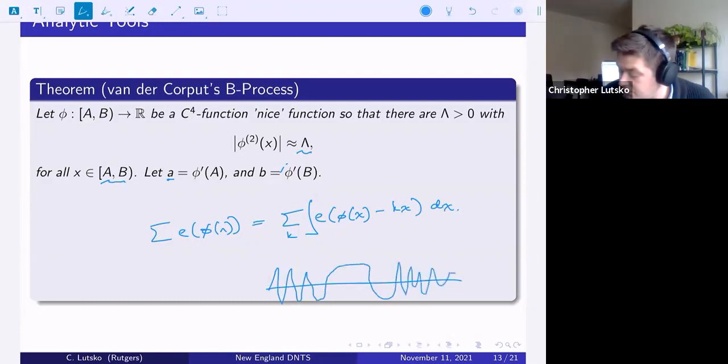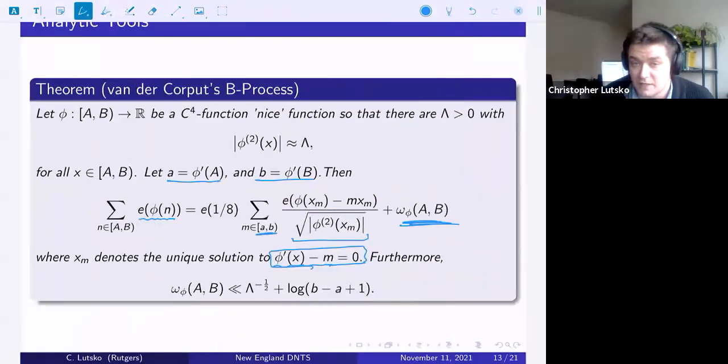And it has a stationary point at x_n. And your integral is dominated by the behavior around here, which is what's happening in the numerator here. Okay, so this is a classic result from exponential sum theory. It's called the B process because there's also an A process. Fine.